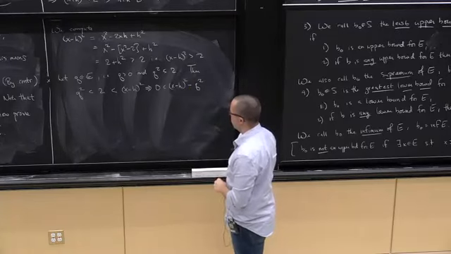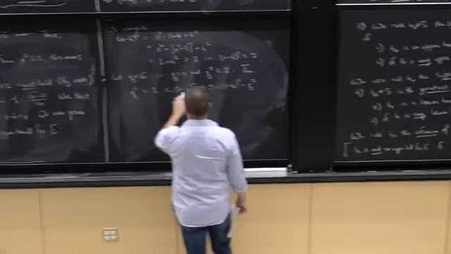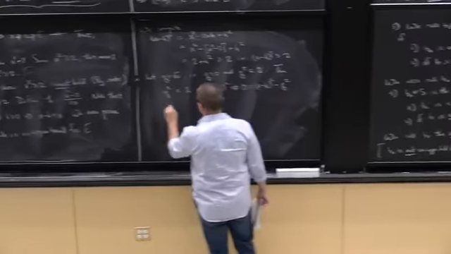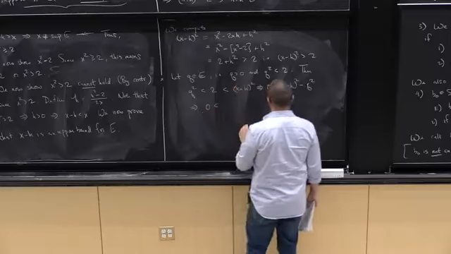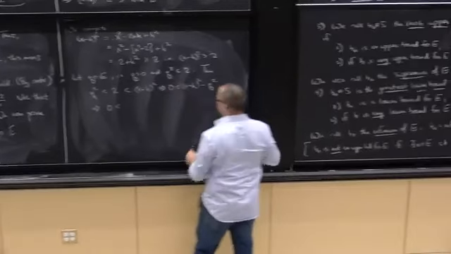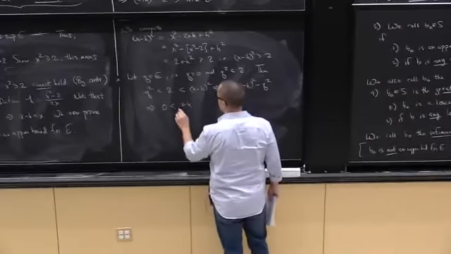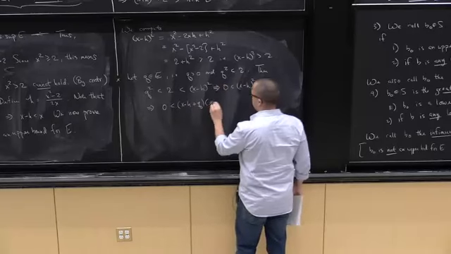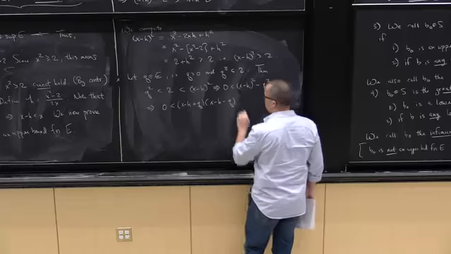Q squared is less than this, so if I just subtract it, I get this inequality. Now this is the difference of two squares, so I can write this as x minus h plus q times x minus h minus q.